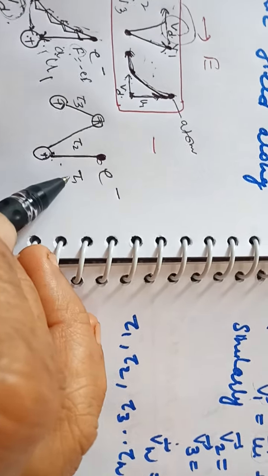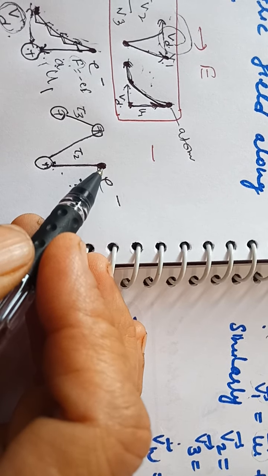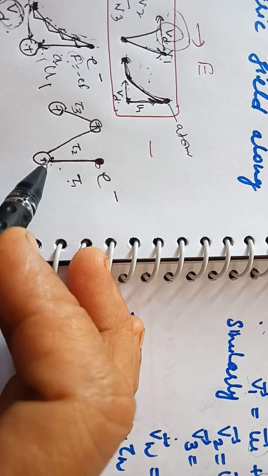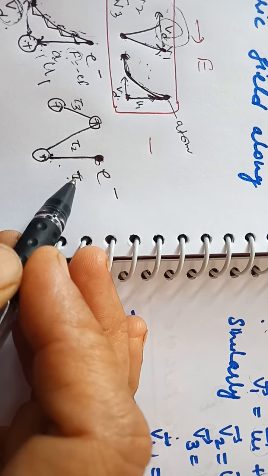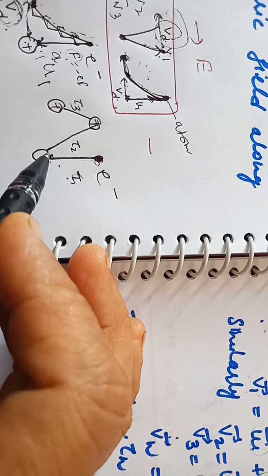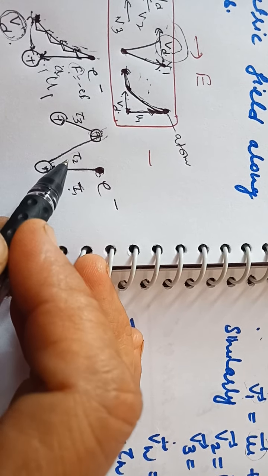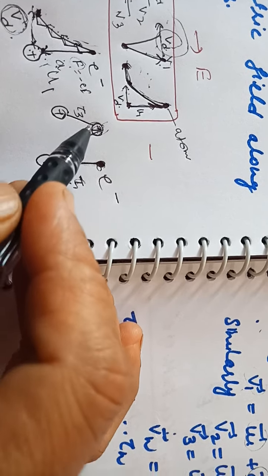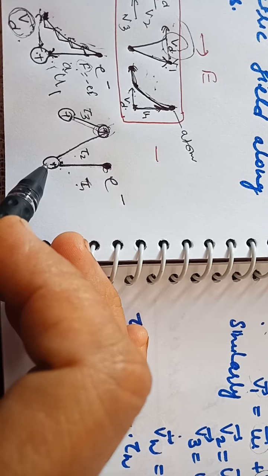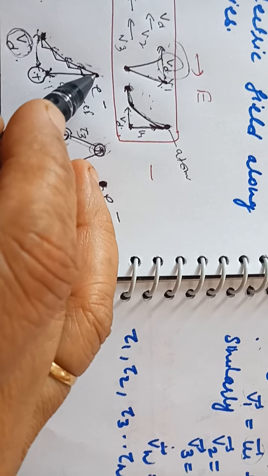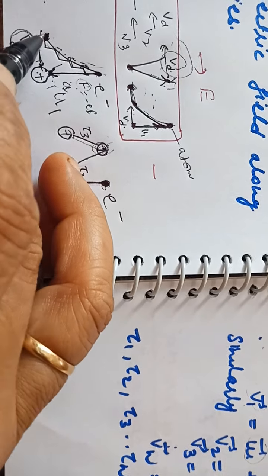Tau 1 is called the relaxation time. What is the relaxation time? It is the time between two successive collisions of the electron. When the electron moves from here to here, it takes some time, then collides and moves in another direction, and takes some other time to collide with the next atom, and so on.